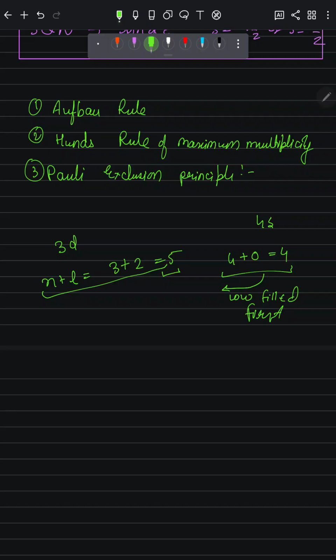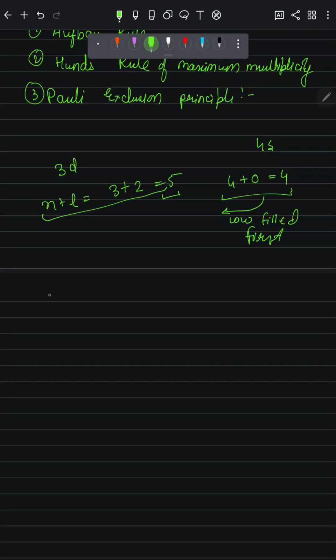And if the n plus l values are the same, for example for 3p and 4s, the n plus l value is 3 plus 1 equal to 4, and 4 plus 0 equal to 4.